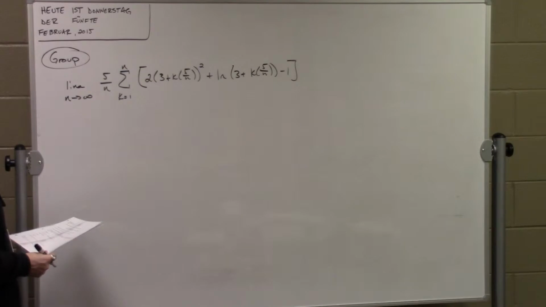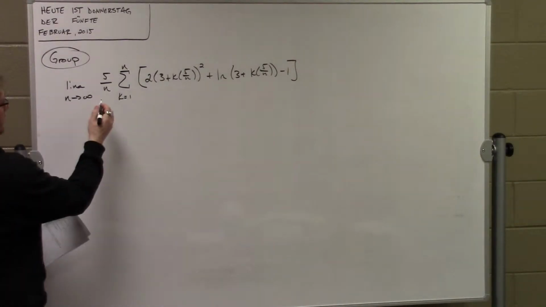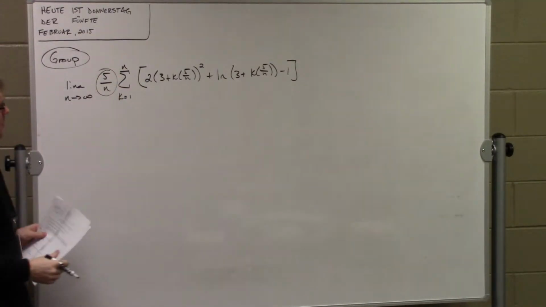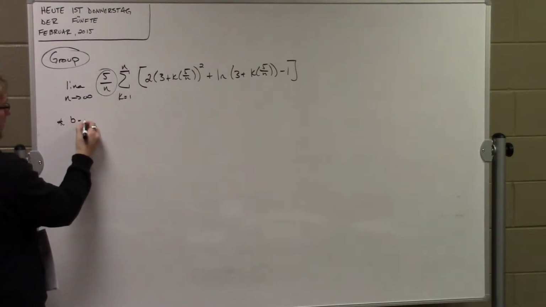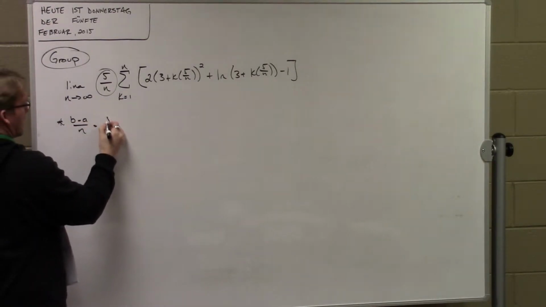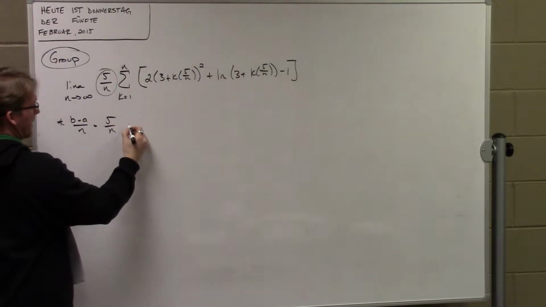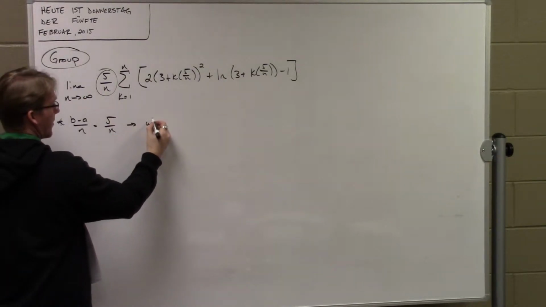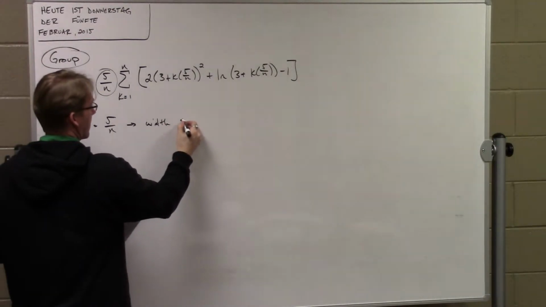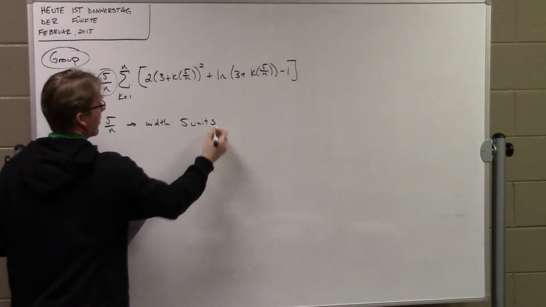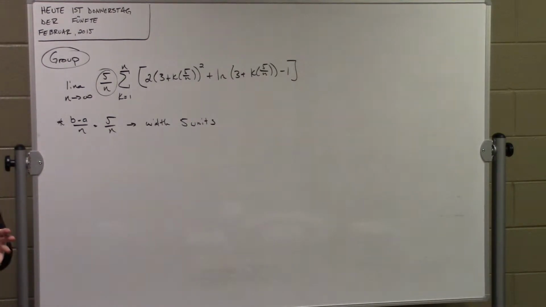Okay, this right here is where most of y'all probably started looking first, the b minus a over n is equal to 5 over n, which means that I'm talking about a width or a total distance of 5 units. What I don't know necessarily is where it starts and where it stops yet, okay?